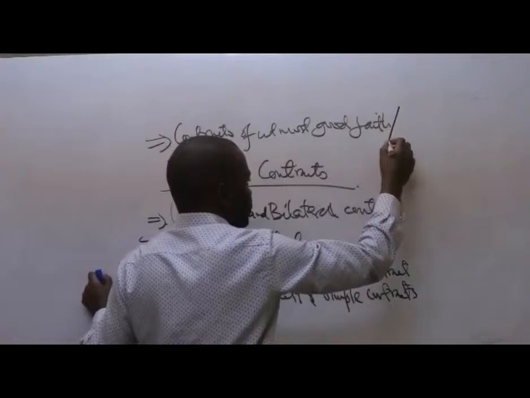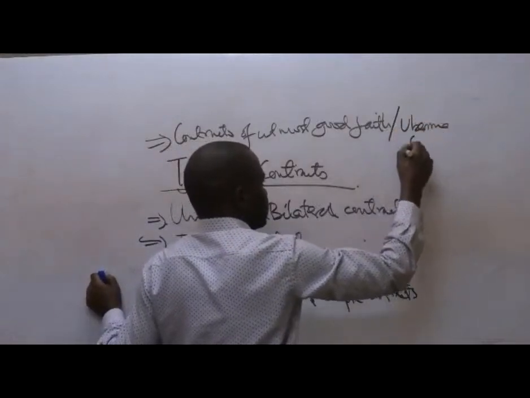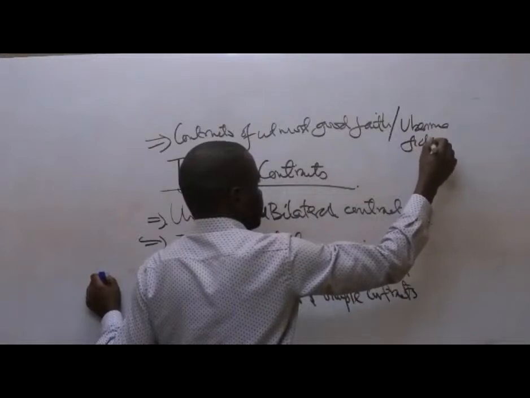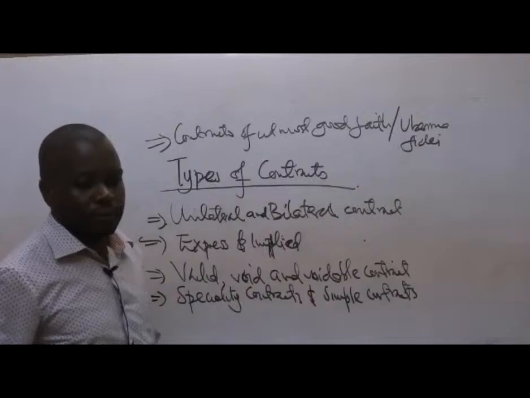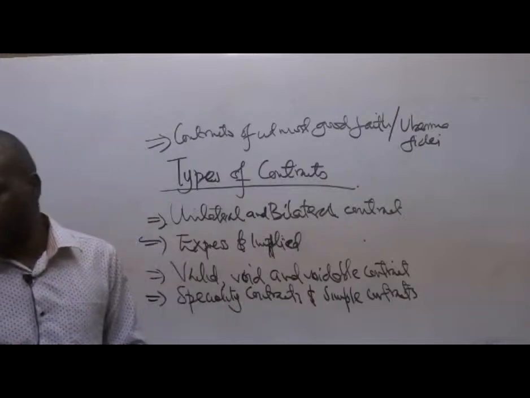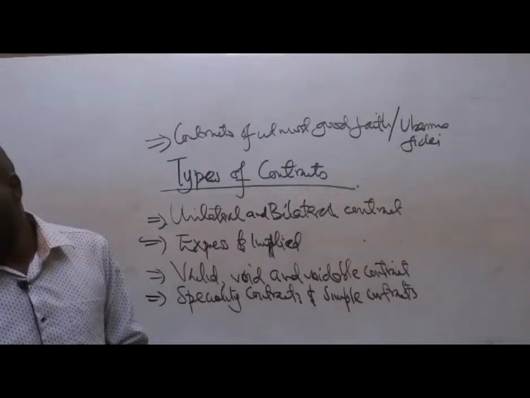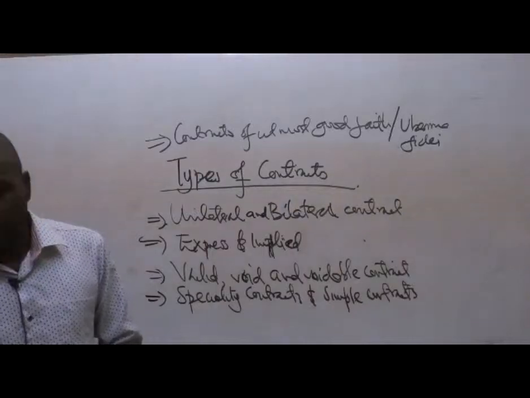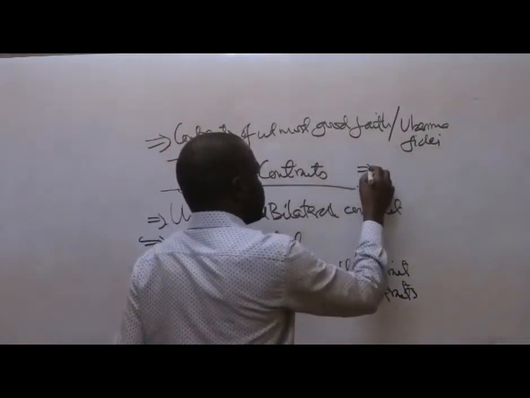Sometimes they say contracts uberrimae fidei. That is Latin, and it simply means utmost good faith. Then the second last one, contracts of record. You can have contracts of record.